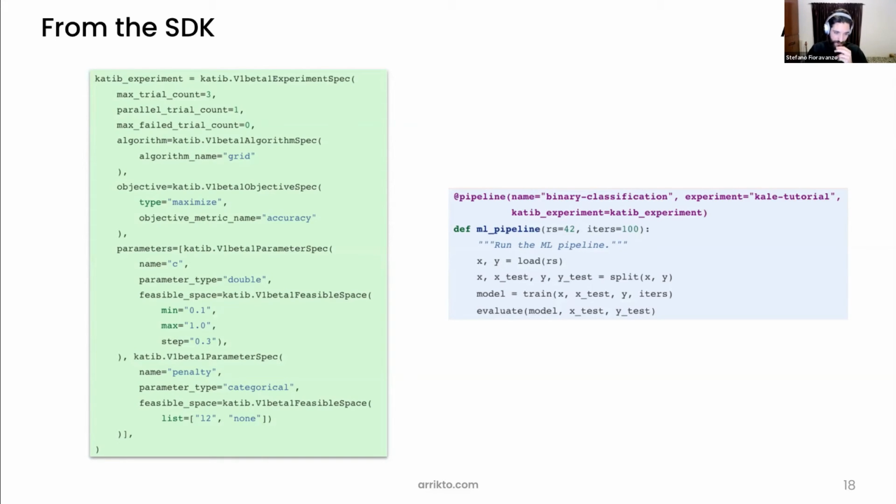It's just a bunch of objects from the Katib SDK that describe the objective, the parameters, and really how you want the HP tuning job to behave. And all you need to do is to feed this object you see on the right in the pipeline decorator. And if you start the pipeline like that, then Kale will take care of, instead of running a single pipeline, orchestrating a full hyperparameter tuning job.